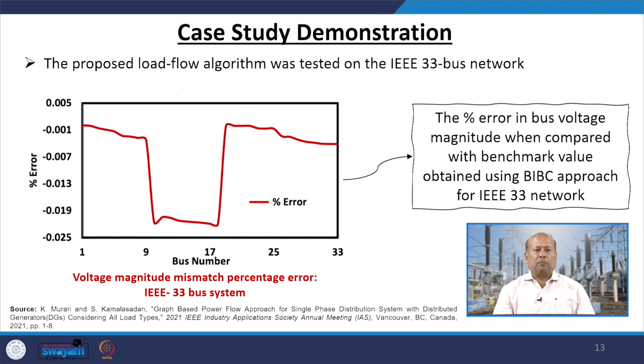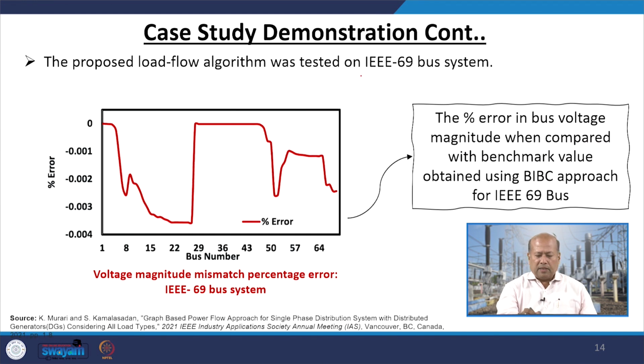First of all, the proposed load flow algorithm was tested on the IEEE 33 bus system, and you can see bus numbers 1 to 33, and the percentage error for each bus has been calculated. This is the percentage error in bus voltage magnitude compared with the benchmark value obtained using the BIBC approach for the IEEE 33 bus system. You could see the percentage error is very reasonable. Though they are varying, it is quite reasonable.